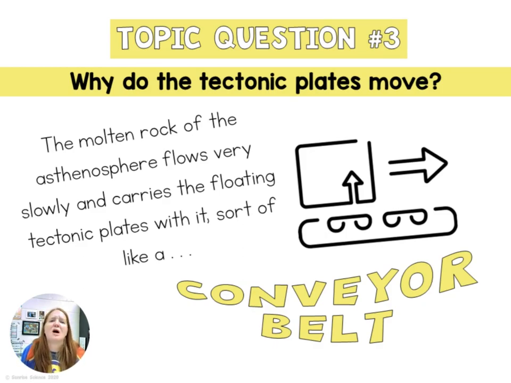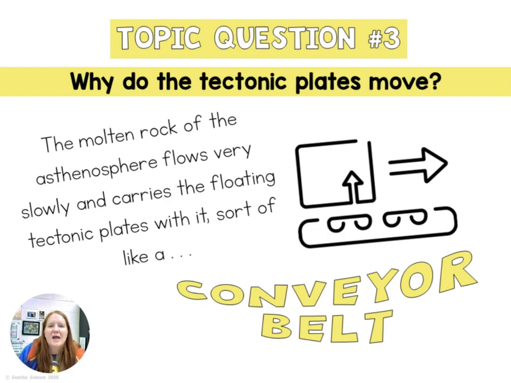So the molten rock moves, as we were talking about. As it moves and flows, the lithosphere travels along on top of it. It moves it around like a conveyor belt. One of the ways I want you to think about it is like a bathtub full of bath toys with water underneath.